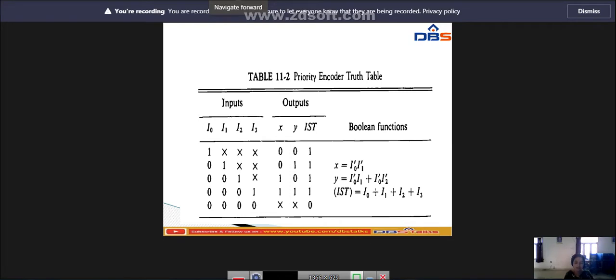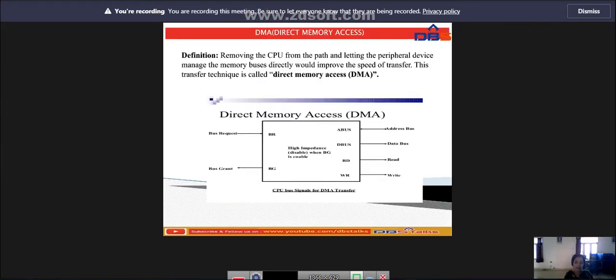Next, coming to direct memory access, DMA. DMA means direct memory access. What is meant by direct memory access? Removing the CPU from the path and letting the peripheral devices manage the memory buses directly would improve the speed of transfer.